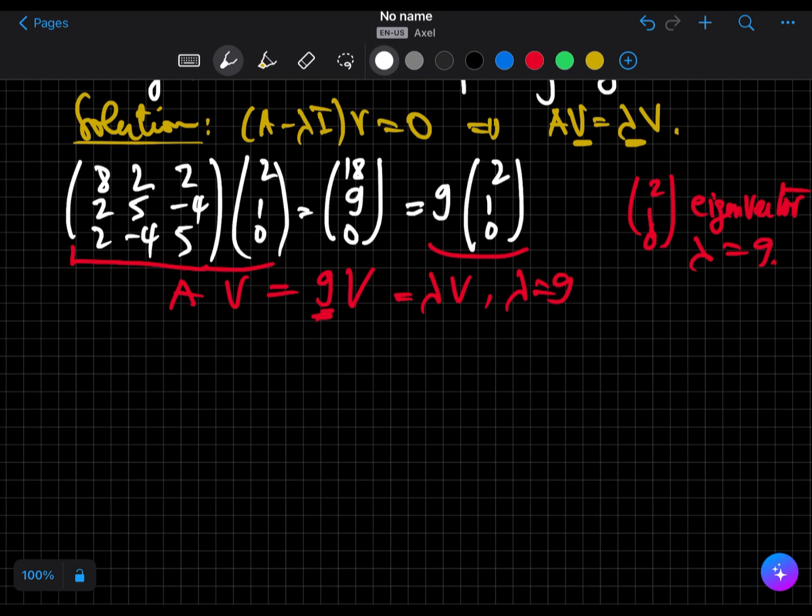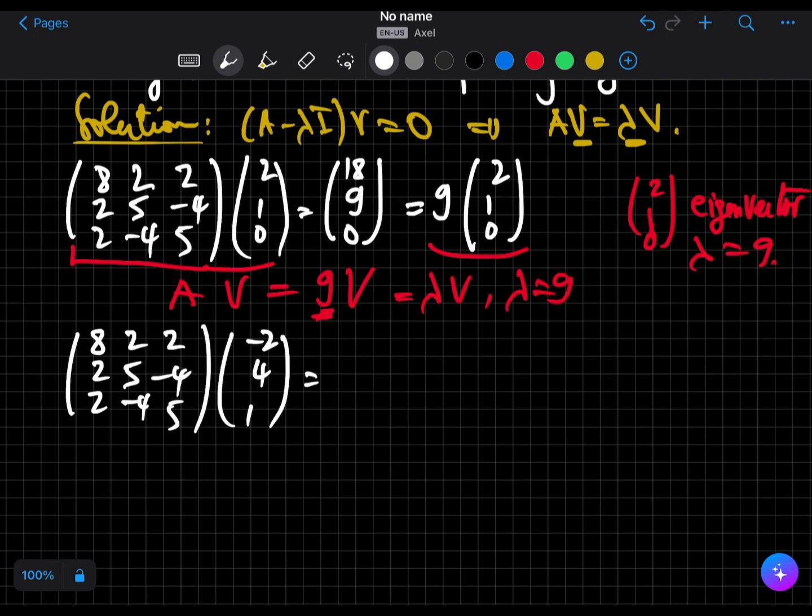Okay, so if we check the second vector, we have the matrix 8, 2, 2; 2, 5, -4; 2, -4, 5, times (-2, 4, 1). If you multiply this, you have (-6, 12, -15). If we put 3 in factor, we have (-2, 4, -5).